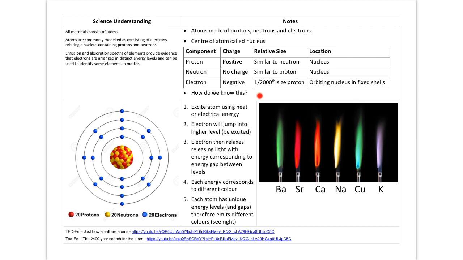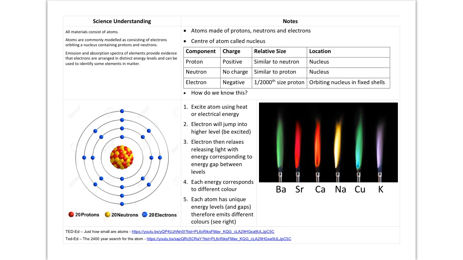So, how do we know this? Well, if you've watched the video about the 2,400 year search for the atom, you'll know a little bit about how people like Bohr and Rutherford and even back to Democritus have come up with theories and evidence to support what is the structure of the atom. But what we're focusing on really here is this electron structure.